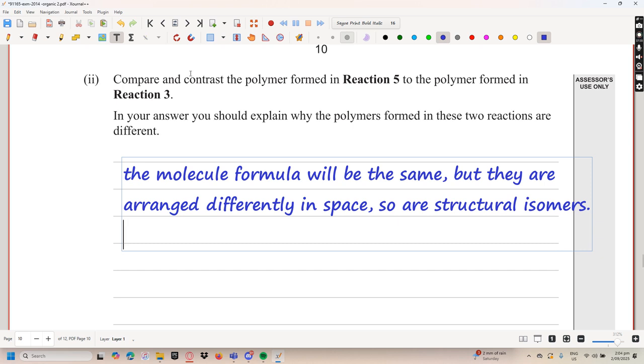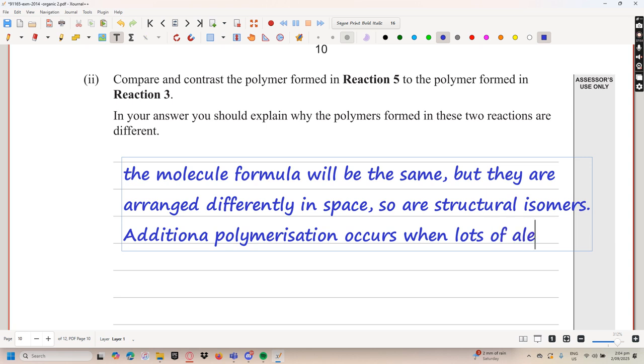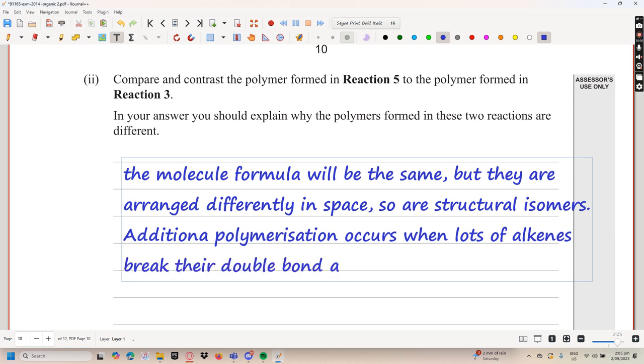Okay, so why did this happen? Why are the polymers from these two reactions different? So you break this down and say, well, addition polymerization occurs when lots of alkenes break their double bond and all link together.